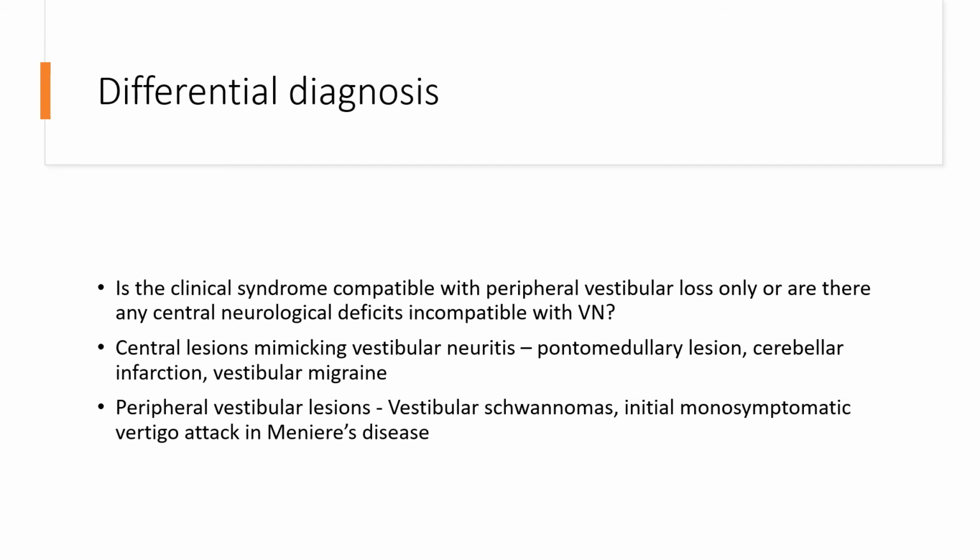In peripheral lesions, sometimes vestibular schwannomas can present with acute vestibular syndrome. Meniere's disease initial presentations might also present with just vertigo without audiological symptoms.